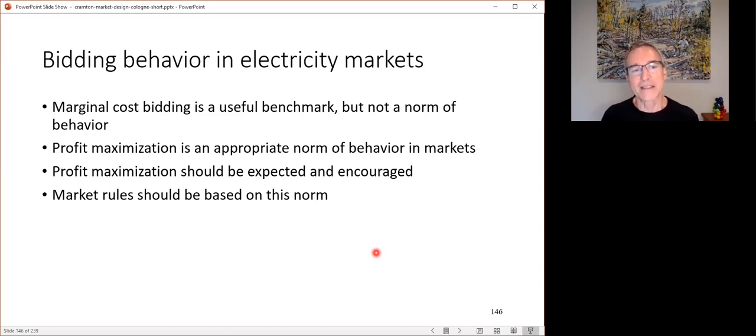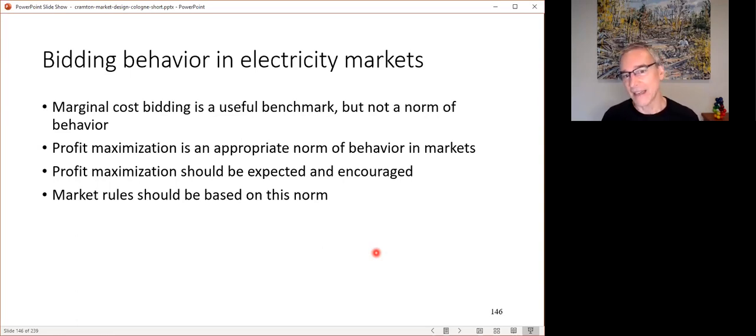My view is that the market should be designed recognizing that the market participants are going to act in their interest. My job as a market designer is to establish the rules of market interaction so we get effective equilibrium outcomes.